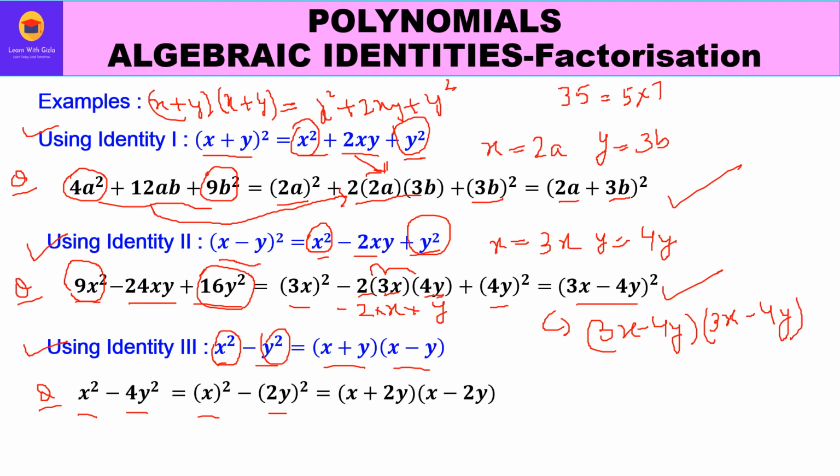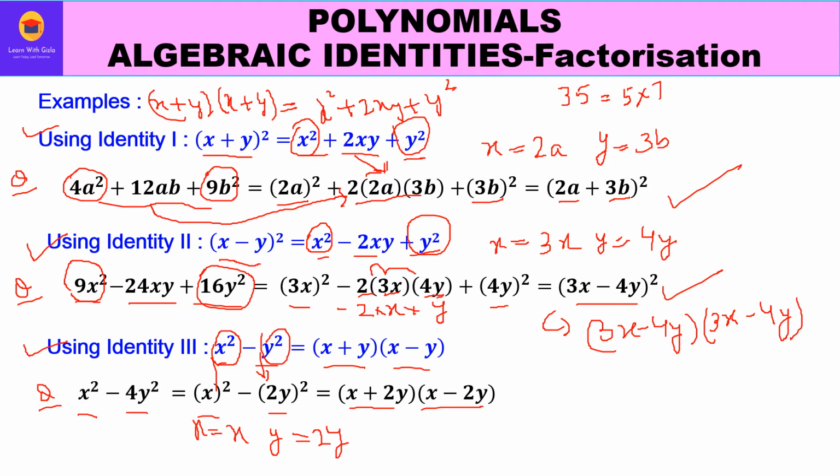So its factors are, if you compare, first of all let us compare what is your x and what is your y. So your x is x and your y is 2y. So the factors are (x plus y) into (x minus y). So x is x: x plus 2y, x minus 2y. One is plus, one is minus, right?